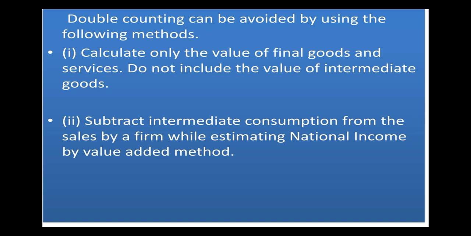And second way is subtract the intermediate consumption from the sale by the firm while estimating the national income by value added method. Or first of all, we will only calculate the final goods price, or if we calculate the whole prices of the intermediate and final also, then we will subtract the intermediate consumption out of the final sale. So if we take these two precautions, then the problem of double counting should be solved. I hope you understand.